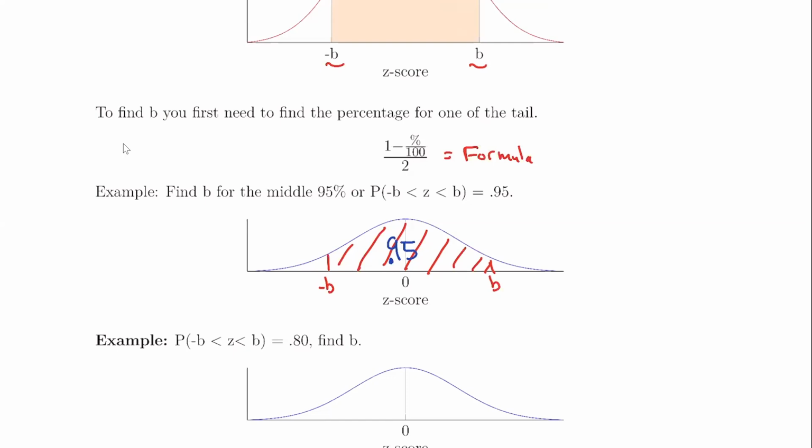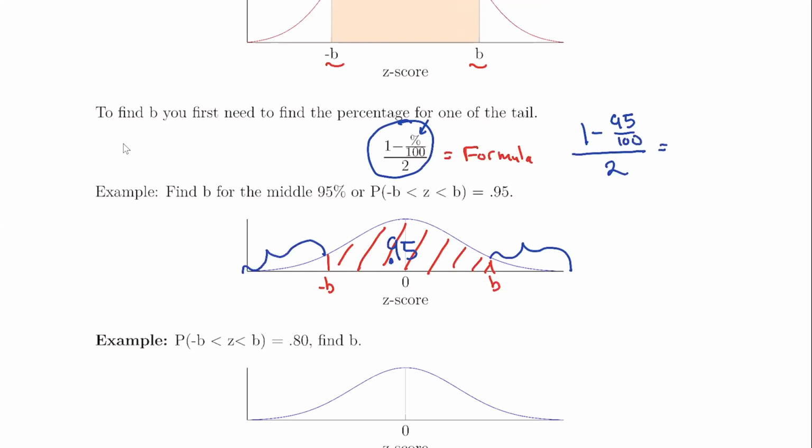So up next, I'm going to go ahead and find these percentages here. The way I want to find those percentages is by using this formula. You're going to say 1 minus the percent. The percent of this one is 95%, so we write it as 95% divided by 100, then divide that by 2.